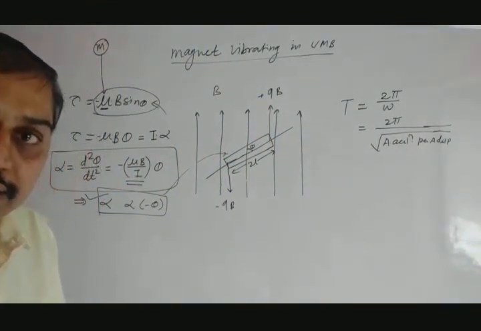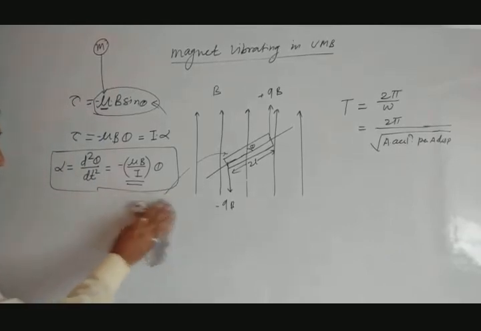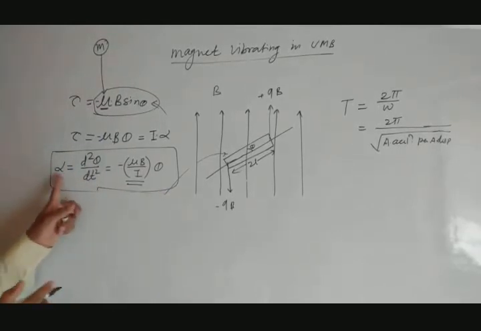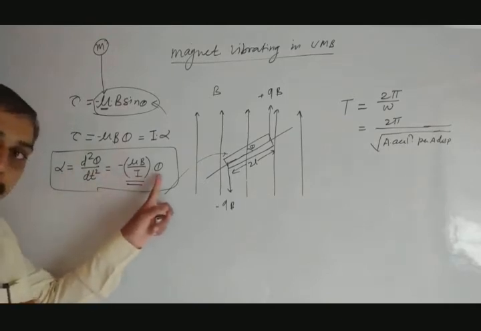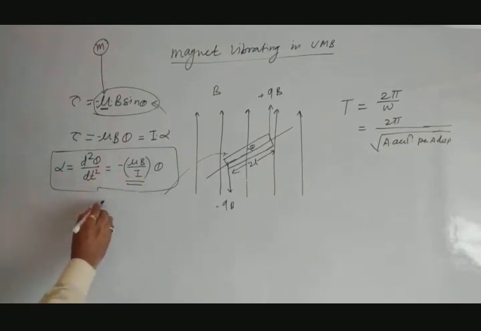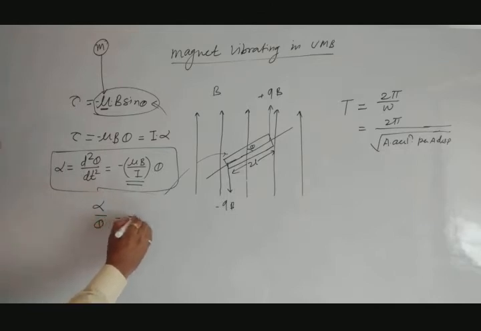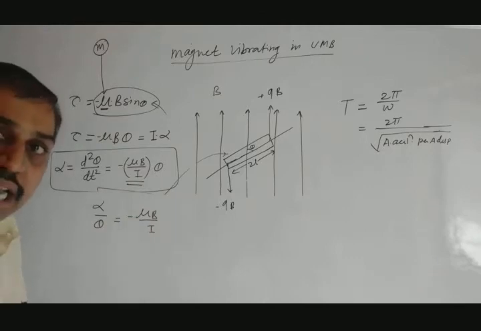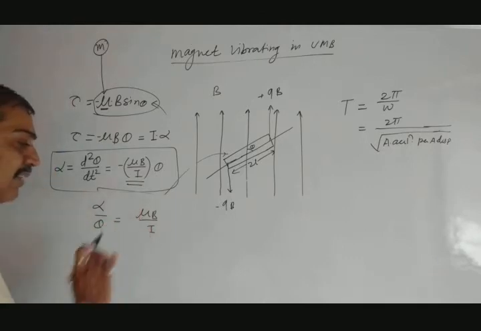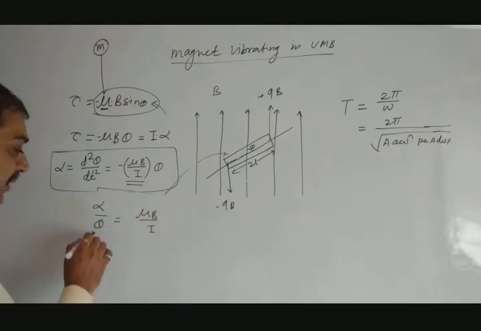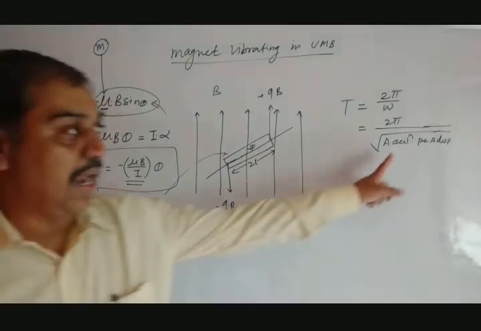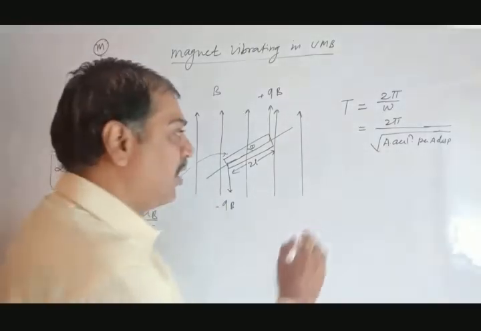Now let's see the same from this equation. Alpha divided by theta, the angular acceleration per unit angular displacement, is equal to minus mu B divided by I. If you neglect the sign, mu B divided by I is the angular acceleration per unit angular displacement.